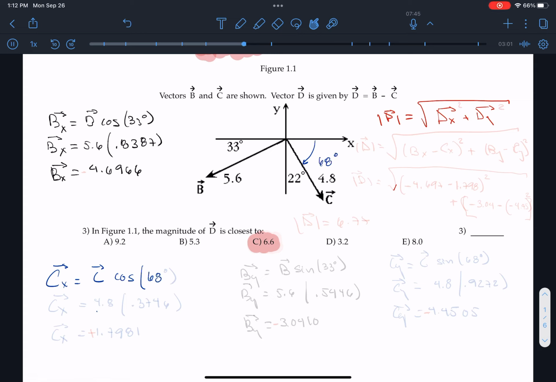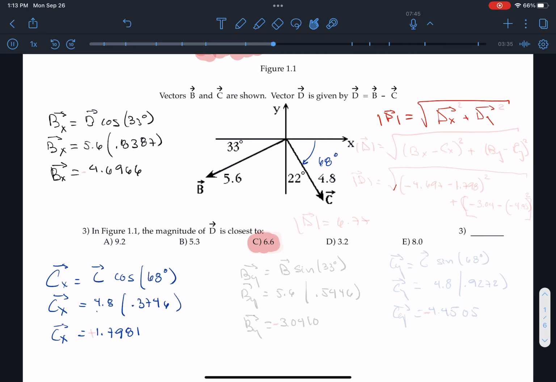So the cosine of 68 degrees. Cool. So c on x is equal to 4.8 times the cosine of 68 degrees, which is 0.3746. C on x equals 1.7981.